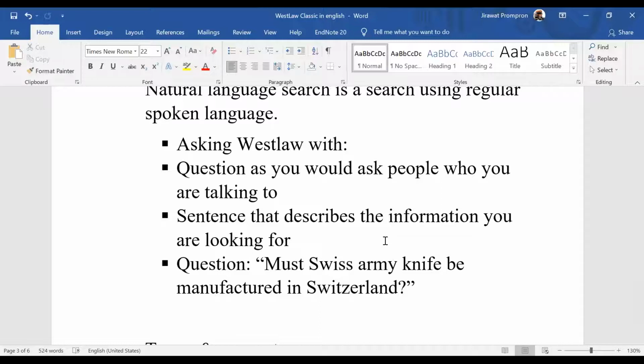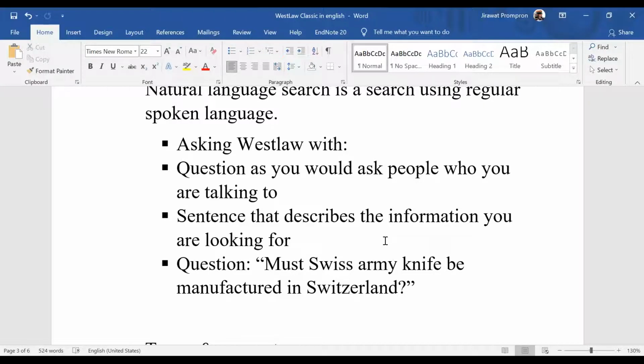Like you go to see an advisor: can you give me the answer? The Swiss Army knife, the pocket knife you can buy from duty-free shops, the red one, does it have to be, or must it be, manufactured in Switzerland?